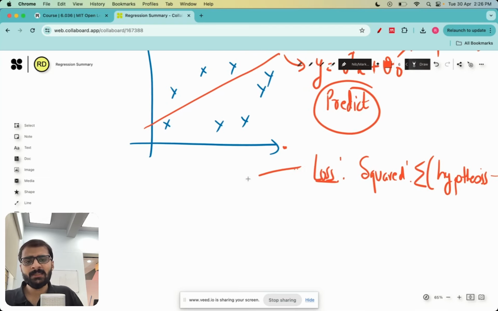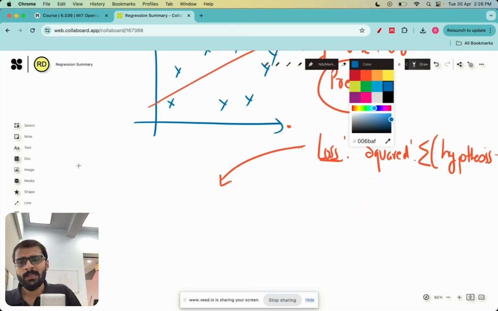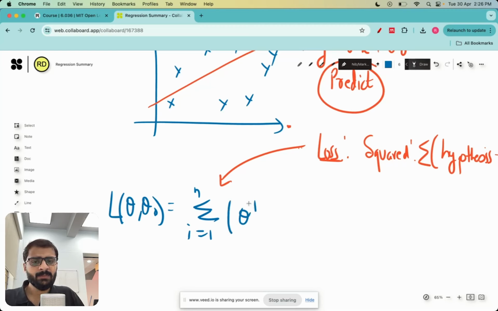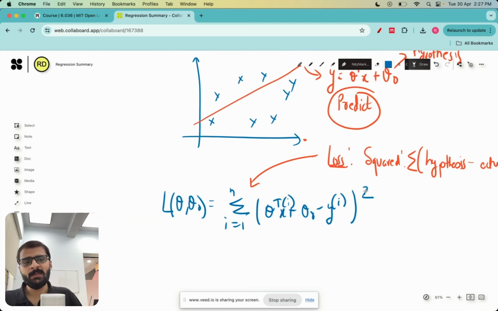Analytically, this loss is also represented as L of theta comma theta naught is equal to sigma i goes from 1 to n, theta transpose xi plus theta naught minus yi, the whole square. Basically, we find the hypothesis prediction and the true value. We subtract it and take a least square summation for all the points in our data set.